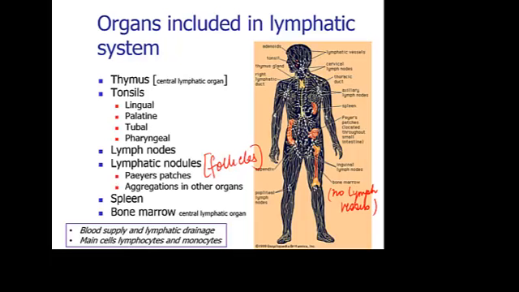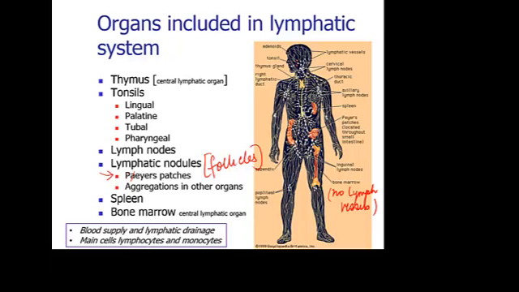In the wall of the small intestine, you have certain aggregations of lymphatic tissue which form round structures called nodules or follicles. So it's not separate from the small intestine, it's part of the small intestine, that's why we call them nodules. In the small intestine, they have a special name. They're called Peyer's patches, spelled P-E-Y-E-R-S.